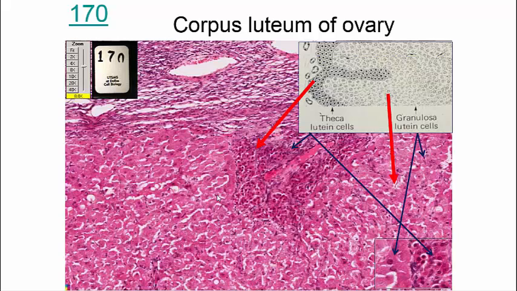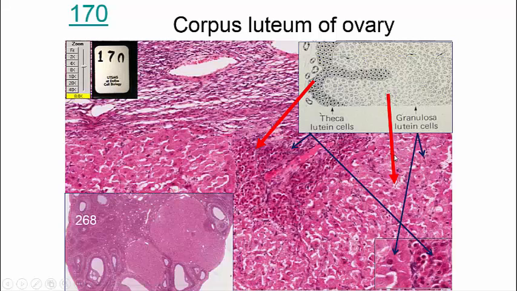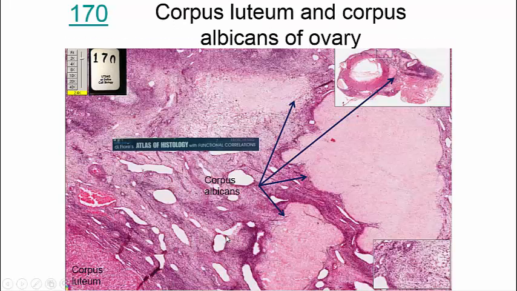So again, we have the theca lutein cells, which are the small ones, and the big ones are the granulosa lutein cells. When you look at an ovary with a little bit of the corpus luteum out here, it's like an iceberg. There's a lot more inside there than what you see on the surface.